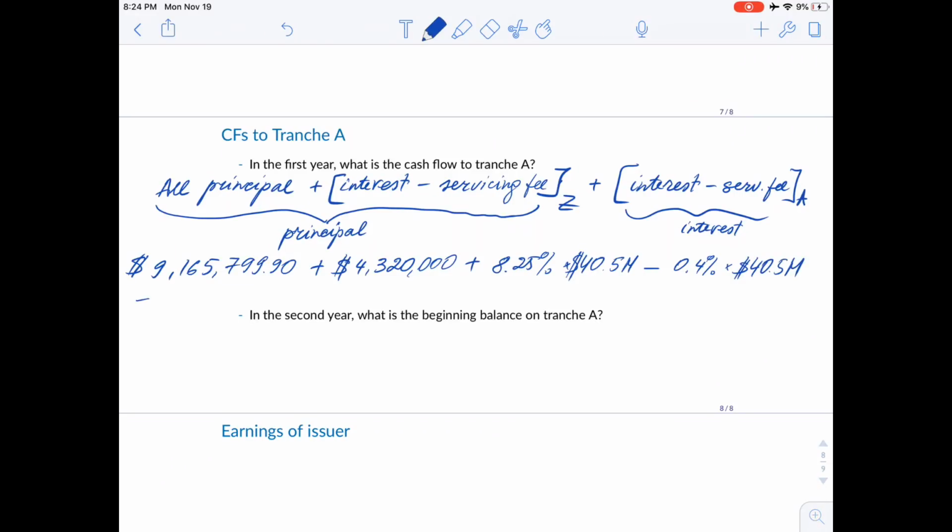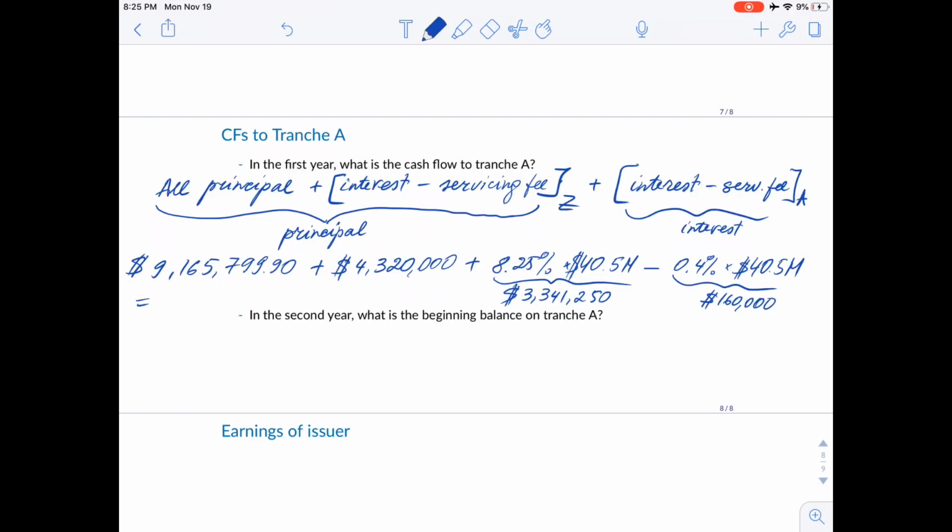Okay, so what does that equal to? I got that this portion was 160,000, and the interest was, let's see, what did I get? And the interest was 3,341,250.